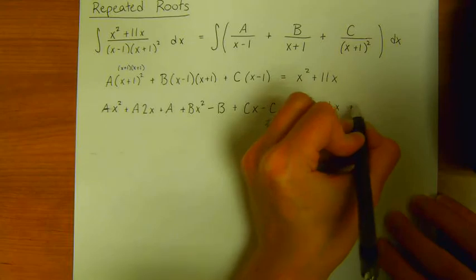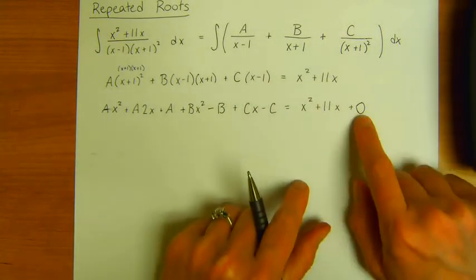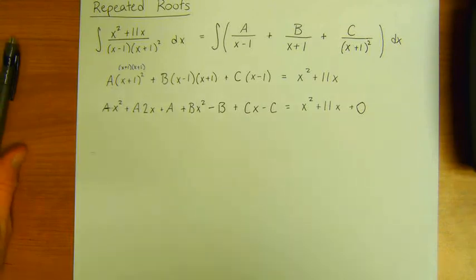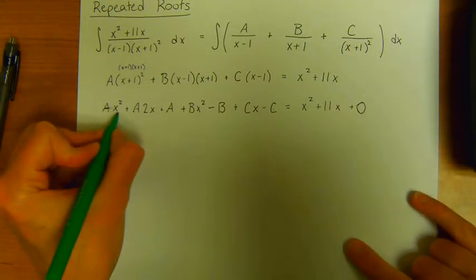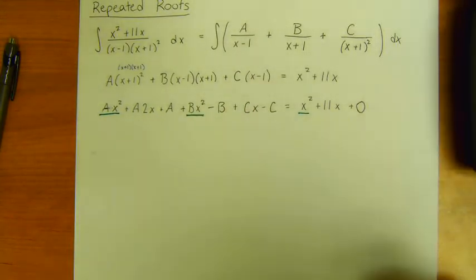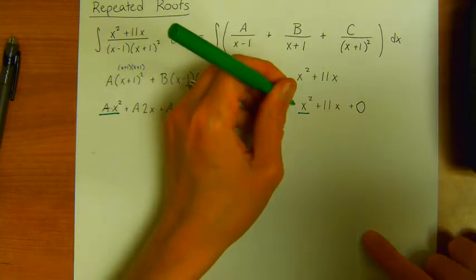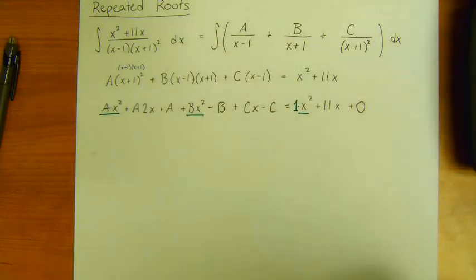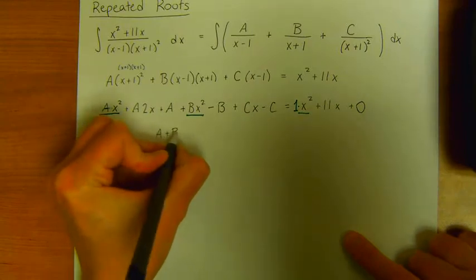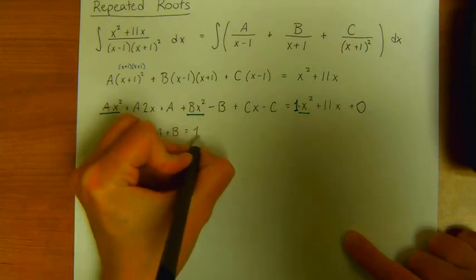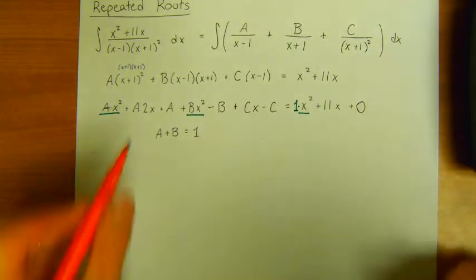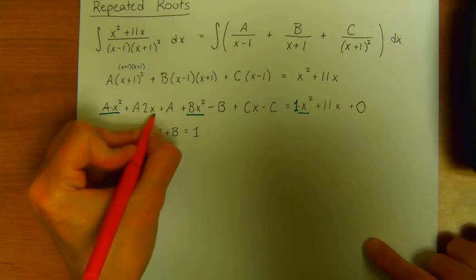I'm going to write plus 0, because each of the linear terms is going to have to add to 0. Now I'm going to combine like terms and set up my system of equations. Here I have ax squareds and bx squareds has to be equal to x squared, and there's a hidden 1 here, 1x squared. So that means that a plus b has to be equal to 1. I didn't have to worry about a c in there. Next, what are my x terms?